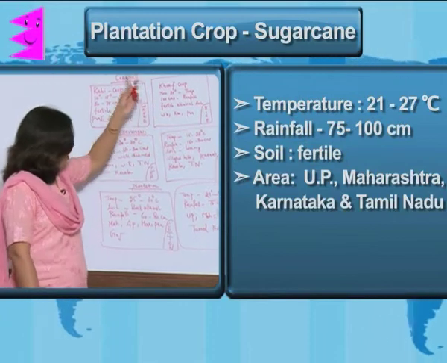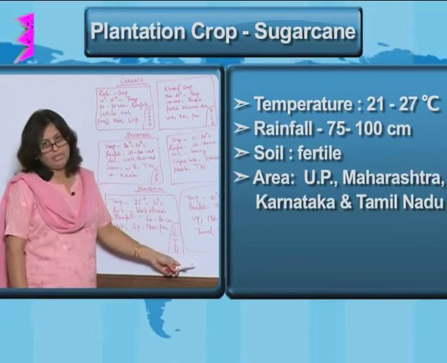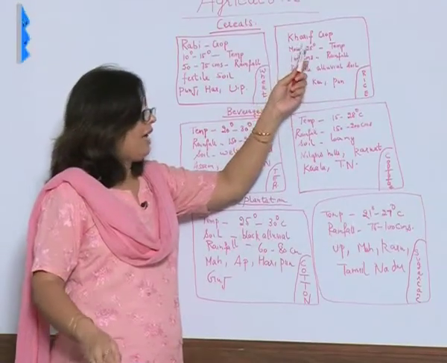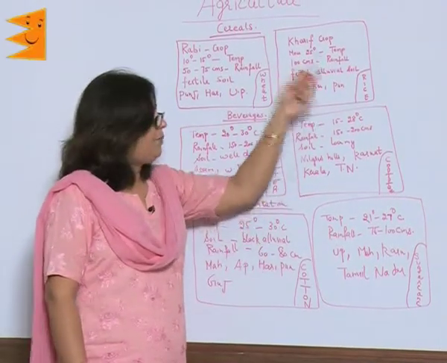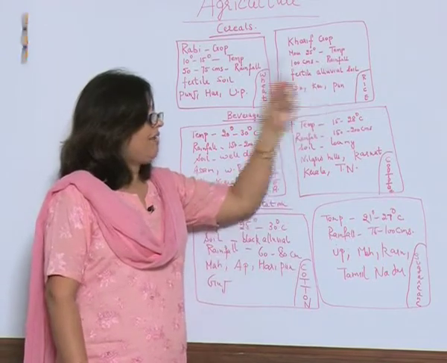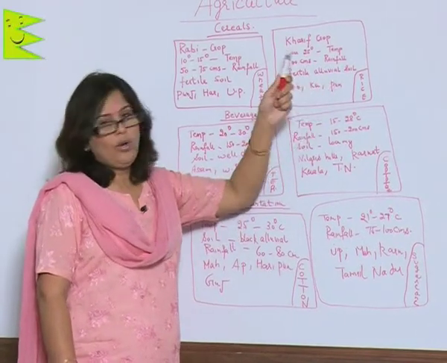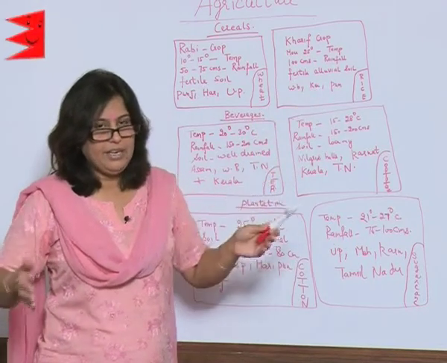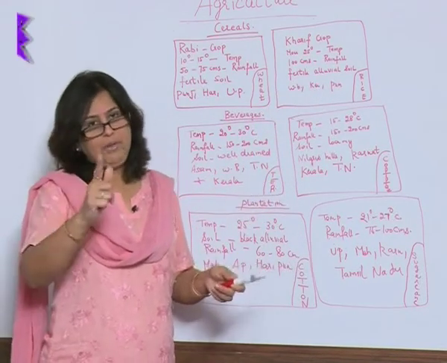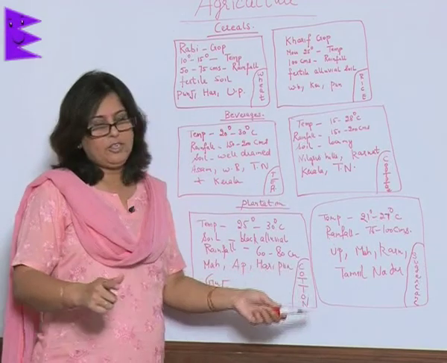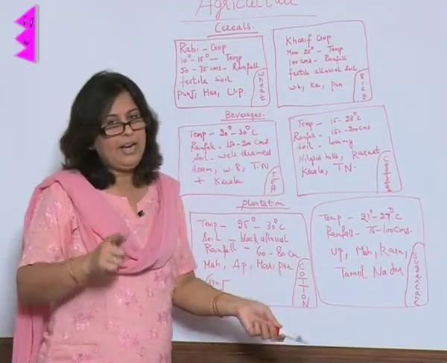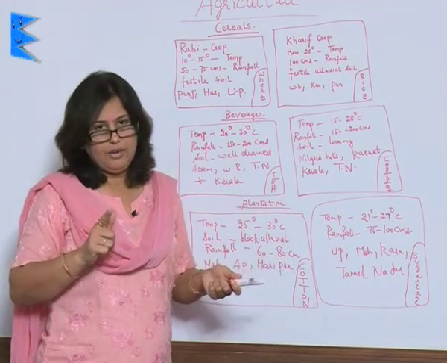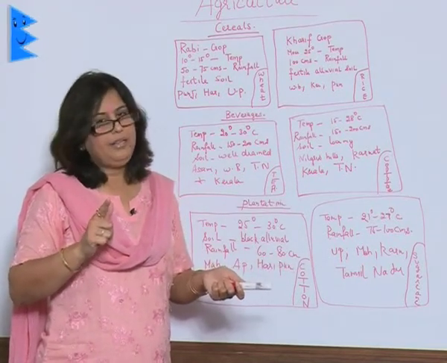Children, if you just make these 6 boxes, you will easily remember the kind of crop it is, the temperature that is required, the rainfall requirement, the kind of soil and where it is grown. Isn't it very, very easy? So, quickly pick up your registers and draw these 6 boxes, and that is how you learn about these crops. Well, I continue with it in the next clipping.